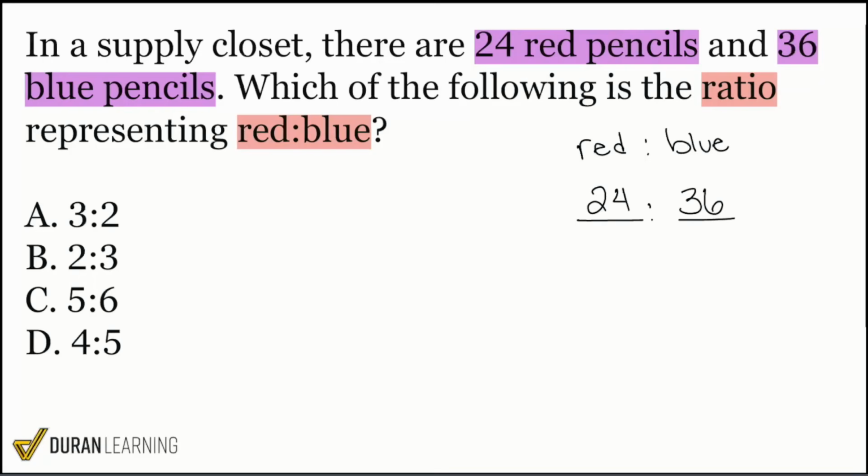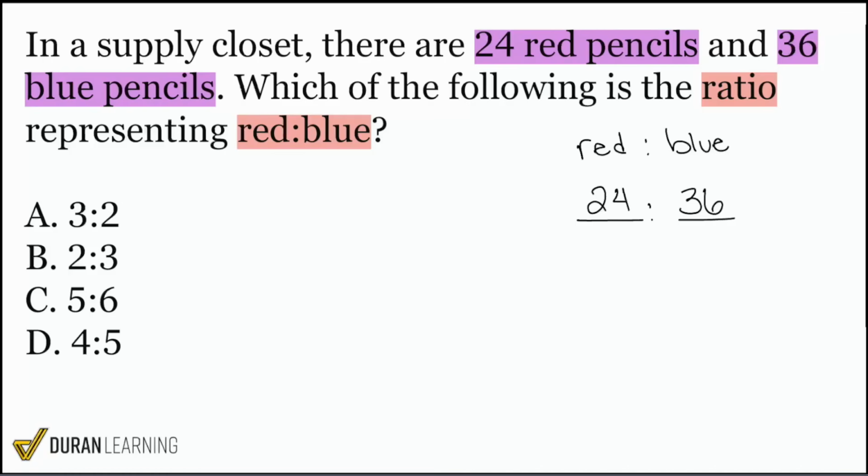But we have a little problem here with the answer choices because I don't see 24 or 36 laid out anywhere. So this is where we have to understand how we can work with ratios. My party people, question for you. What is another way, another form that a ratio can be written in?